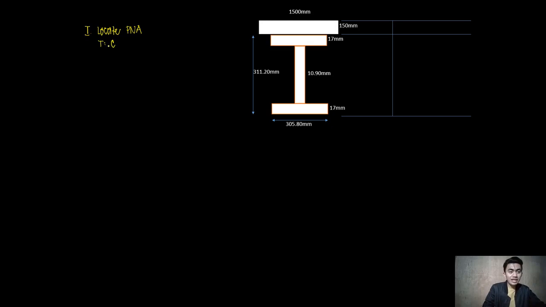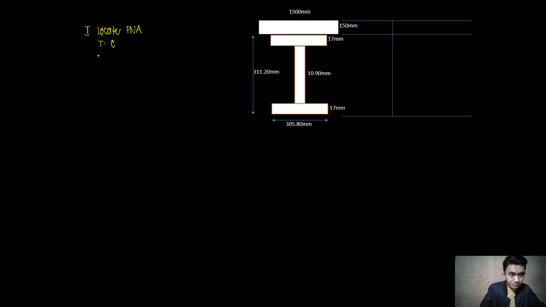Take note, why did I equate this? That is because according to what we have discussed earlier, for a composite beam we are going to assume that the compressive force on the compressive area is equal to the tensile force on the tensile area. So let us substitute the equations for tensile and compressive force here.